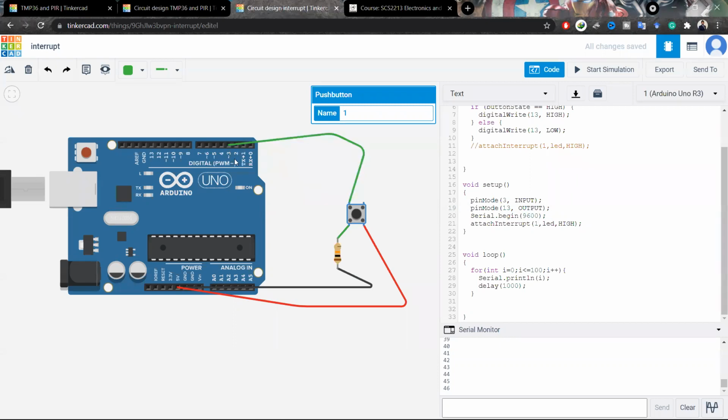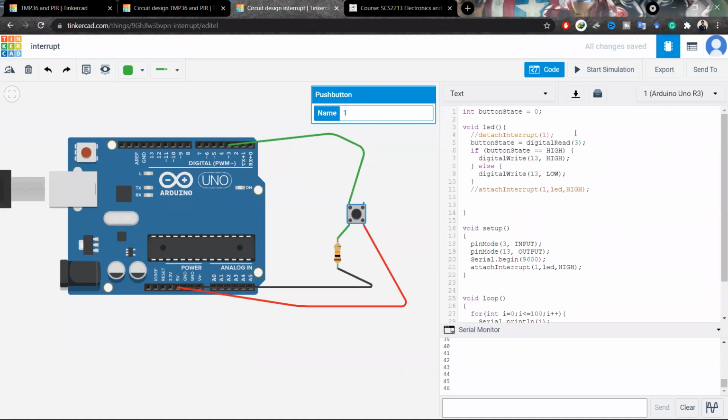In Arduino Uno, we have only 2 options, pin number 2 or 3. Most Arduinos have only 2 external interrupts. So if we consider pin 2, we should put 0 here, and if we consider pin 3, we should put 1 here.